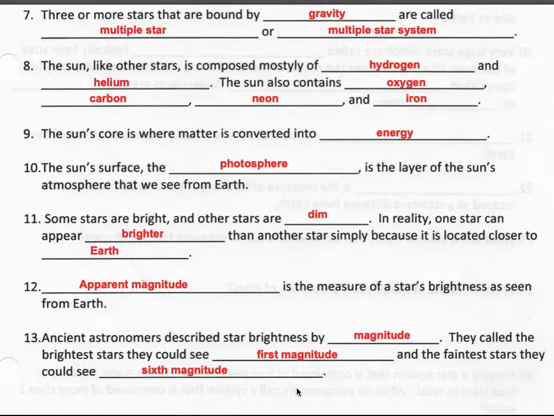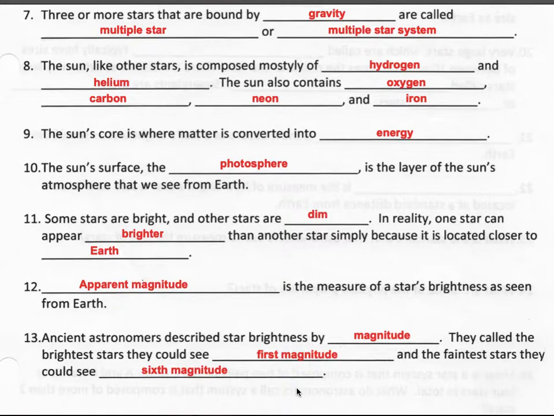Number 13, ancient astronomers described star brightness by magnitude. They called the brightest stars they could see first magnitude, and the faintest stars they could see sixth magnitude. And then when the telescope came along, we could see more stars. We could even see stars that were further away that were brighter, and we definitely could see more stars that were very dim or very faint.